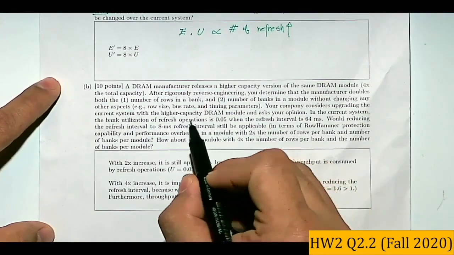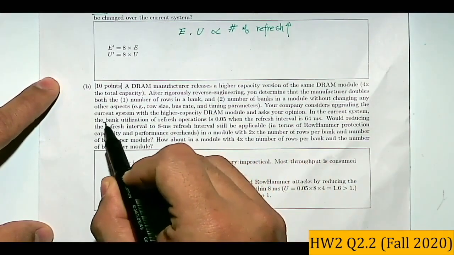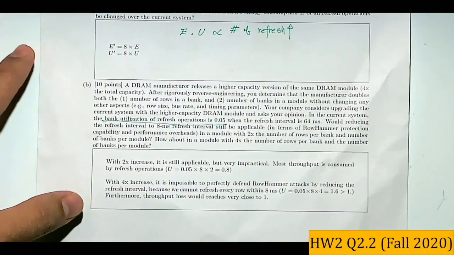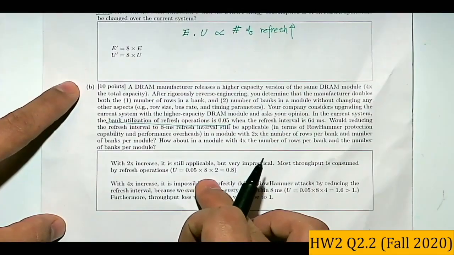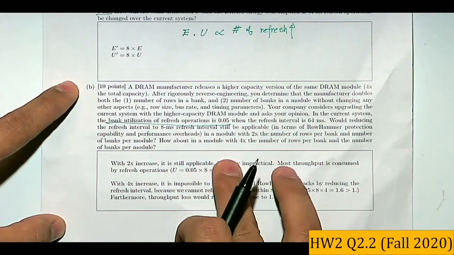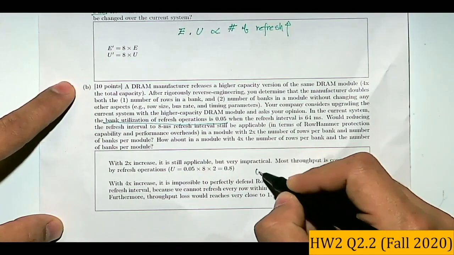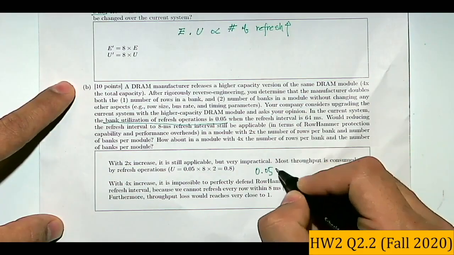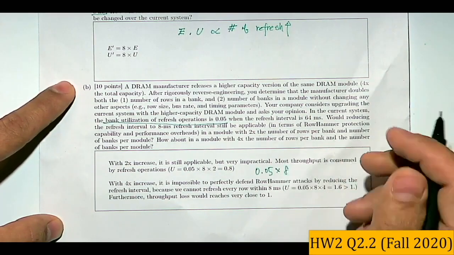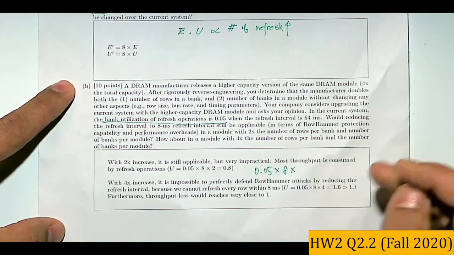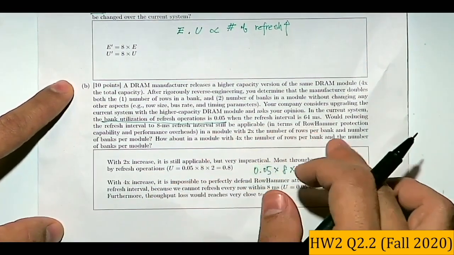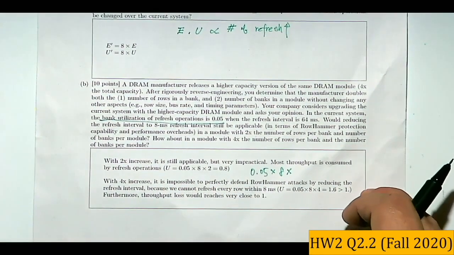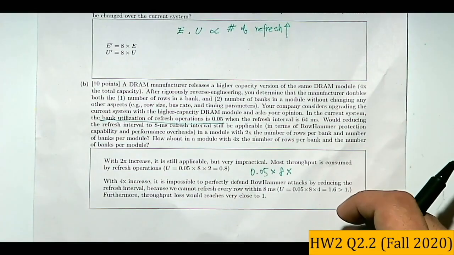And so here the current bank utilization is 0.05%. In our calculation, when we decreased the refresh interval to 8 milliseconds, the bank utilization increased 8 times. And here is some fake information, right? The bank utilization is not affected by an increase in the number of banks in a module.